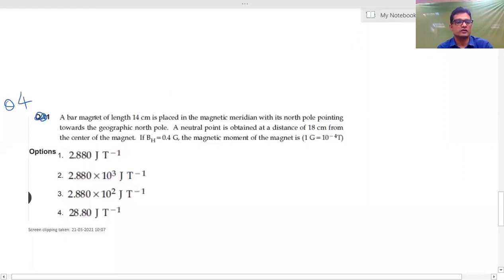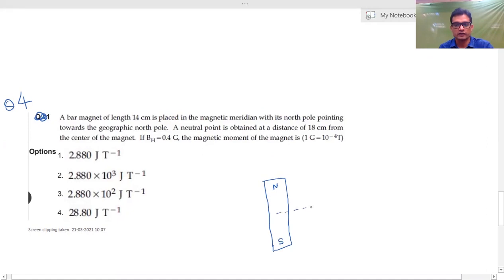In this question, it is given that a bar magnet of length 14 centimeter is placed in the magnetic meridian with its north pole pointing towards the geographical north pole. So I am making this. This is the bar magnet, its north pole is pointing towards the geographical north of Earth, and this is the south pole.